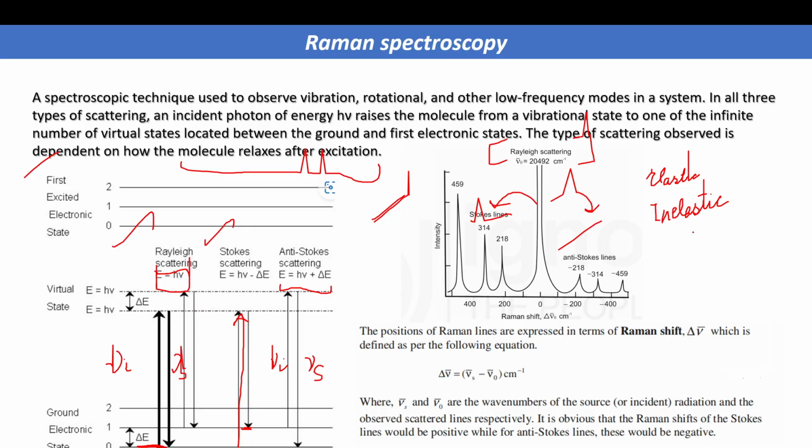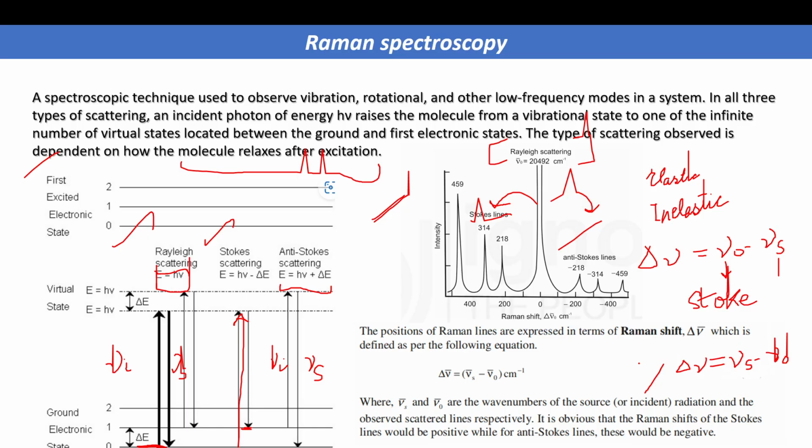So just remember, for Stokes, delta mu will be equal to mu naught minus mu s, where mu naught is the frequency of the incident photon and mu s is the frequency of the scattered photon. This is for Stokes. And for anti-Stokes, delta mu will be equal to mu s minus mu naught.